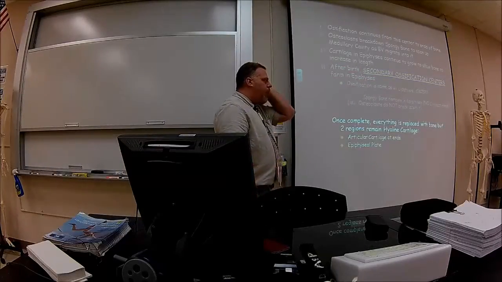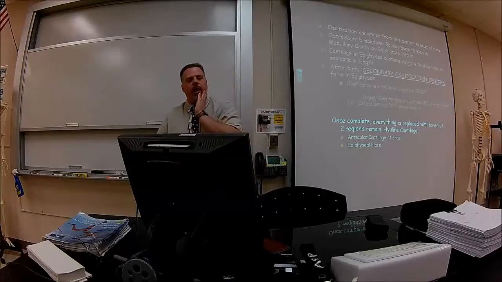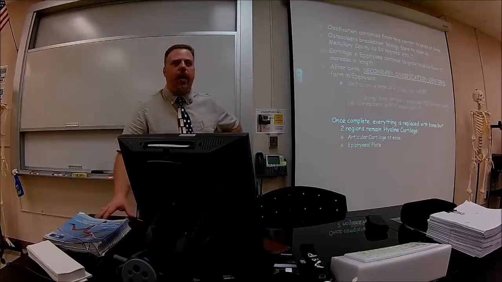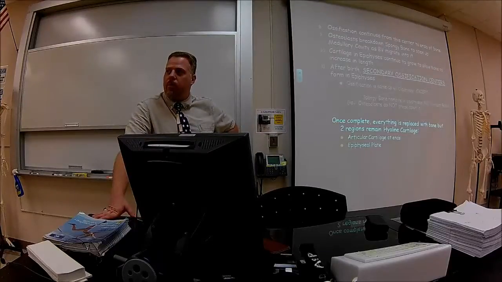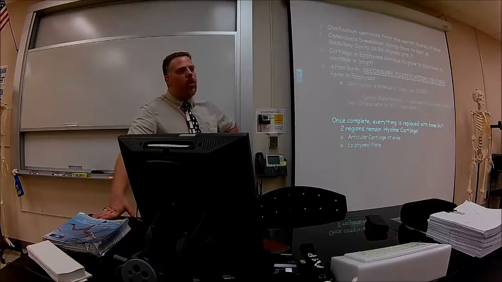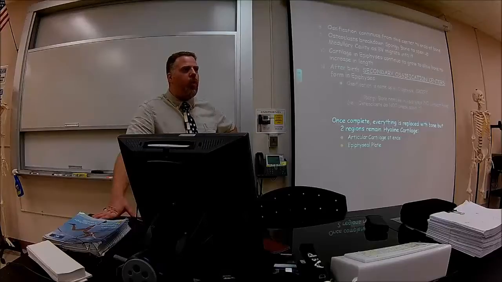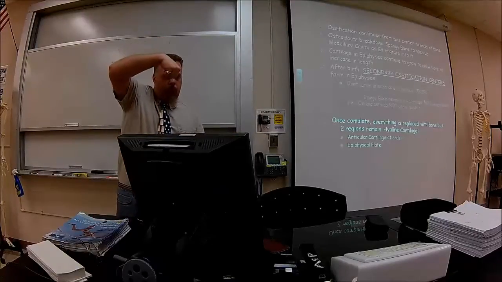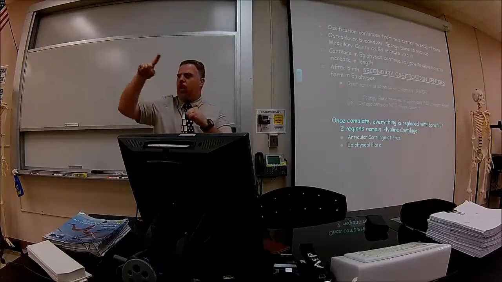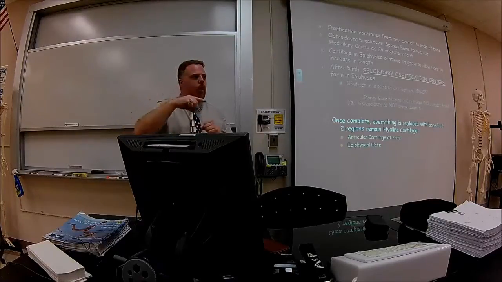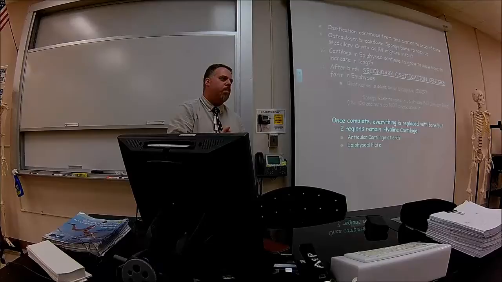Once complete, everything is replaced with bone, except two places that remain hyaline cartilage throughout the rest of the person's life. The ends of the bones, because as I showed you before, you want one bone here and the other bone here, where they rub against each other. You better have cartilage over there, because bone to bone is going to cause a lot of pain.